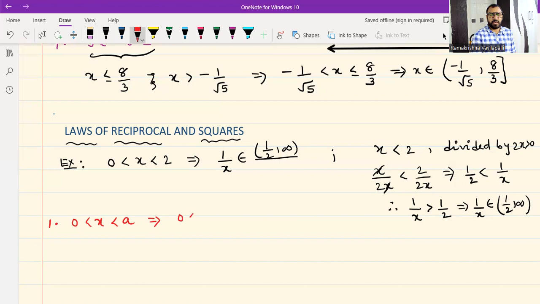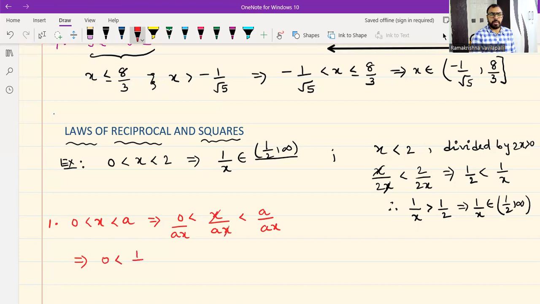So 0 less than x by ax less than a by ax. This implies, now anyway 0 by any non-zero quantity is 0. So it becomes 0 less than, here x is cancelled.